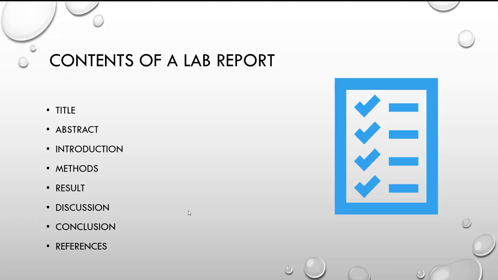What you need to include in your lab report are basically 7 different things. You need a detailed title, an abstract, which is about a paragraph long, an introduction, which can be anywhere from about a page to a page and a half, a method section, which for our purposes will be very short and sweet, so maybe a paragraph, and then a results section, which includes graphs, so it can be a little bit bigger just because of the figures included, a discussion section, which is approximately a page, and then a conclusion, which is usually just a paragraph.